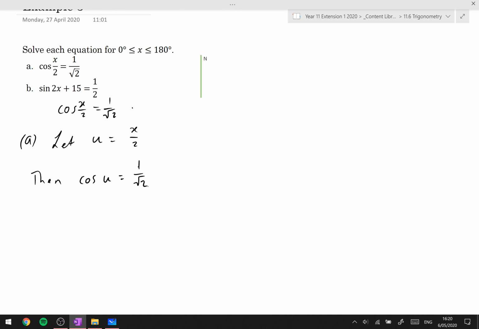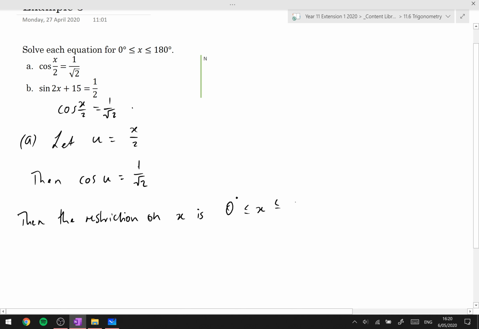The restriction on x is still this one. Whatever x is, it's between 0 and 180 degrees. The restriction on x over 2 is, well, we're just going to divide both of our boundaries by 2.